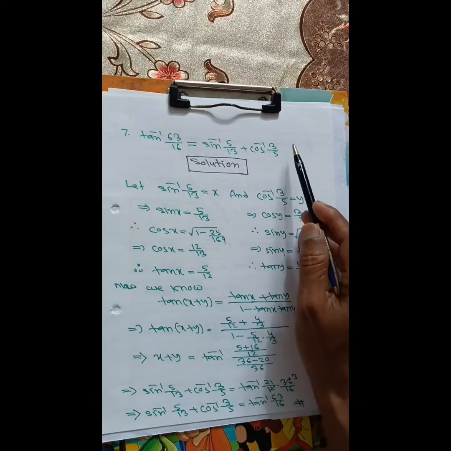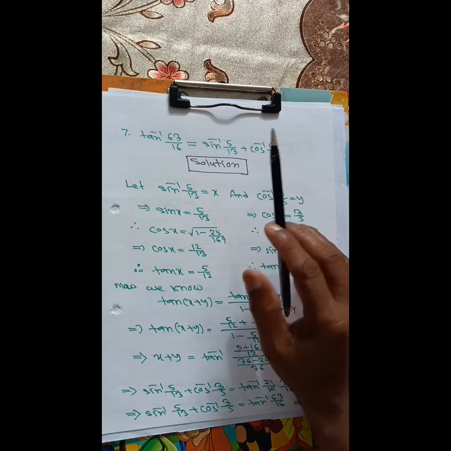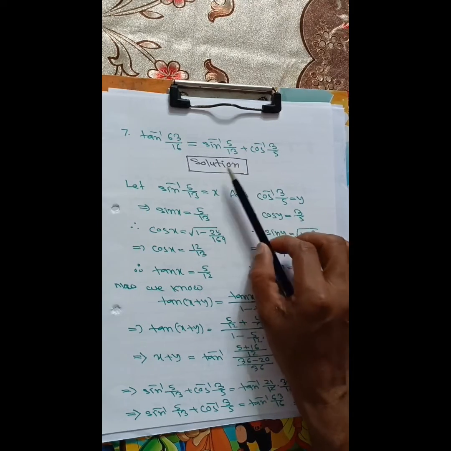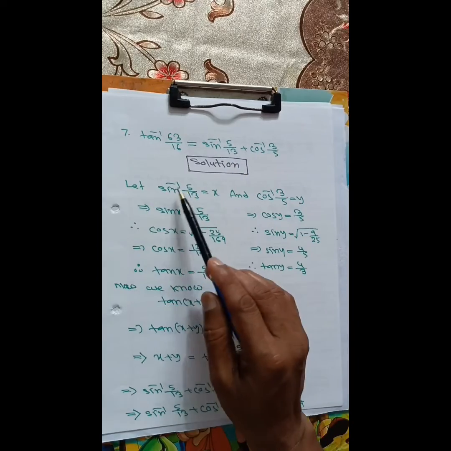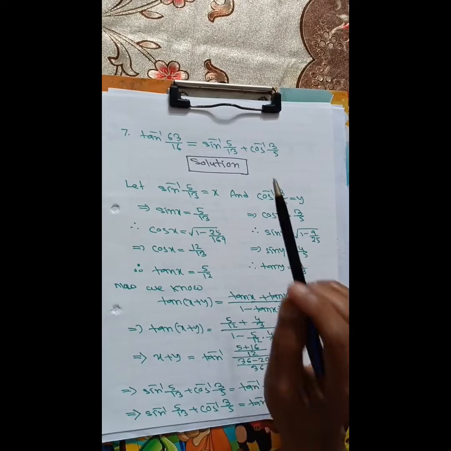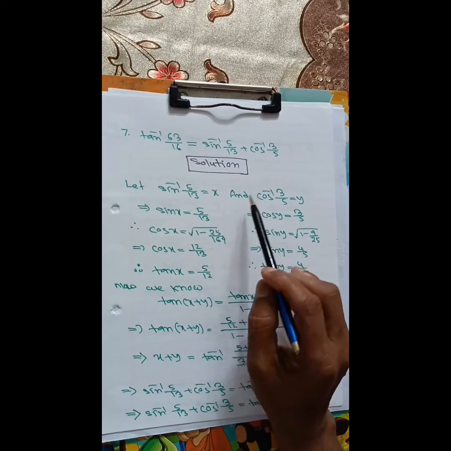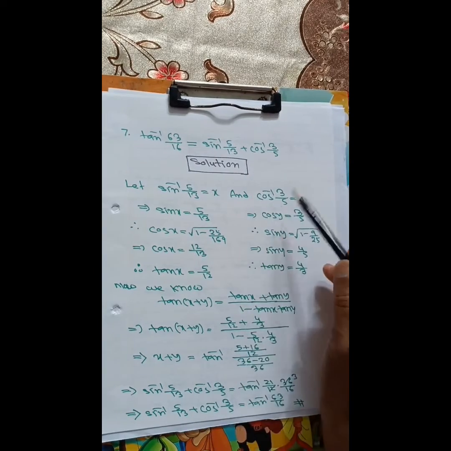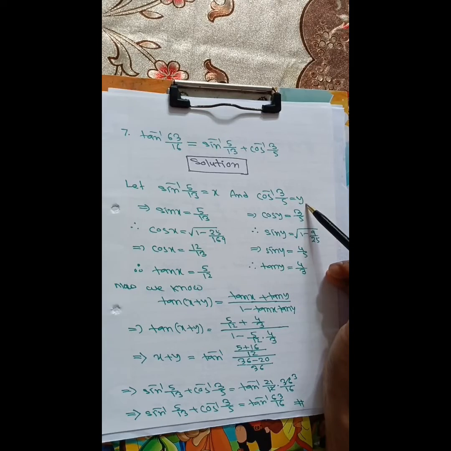Very easy problem. For the solution, let sin inverse 5/13 is equal to x, and let cos inverse 3/5 is equal to y.